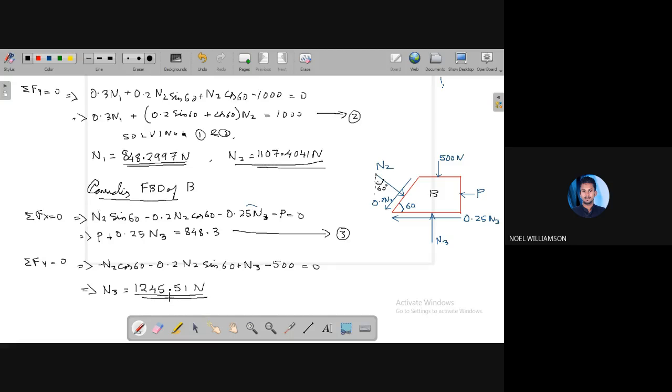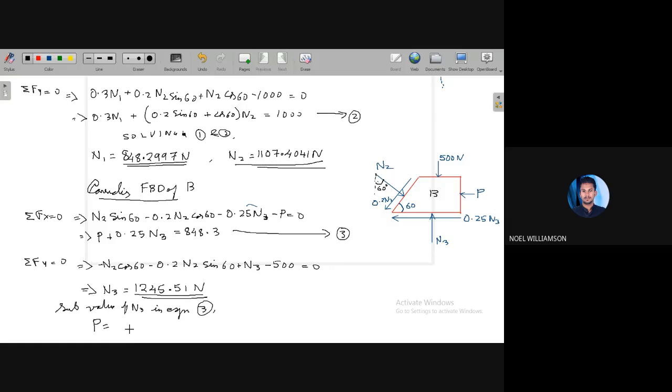You will get this value, and on substituting this value of N3 in equation number 3, we will get the value of P as 536.9225.